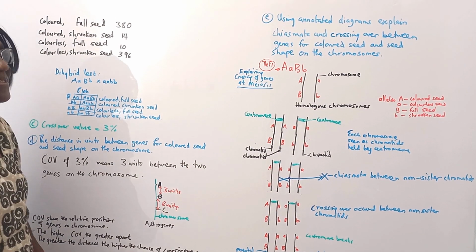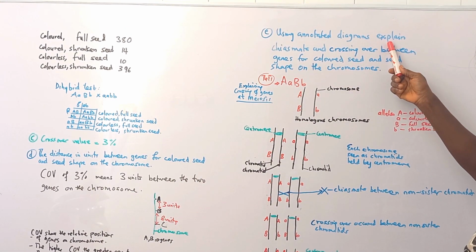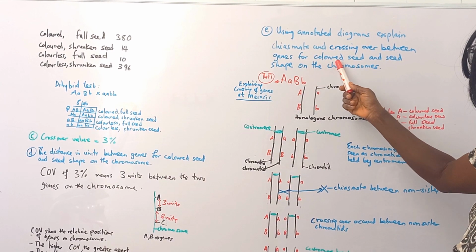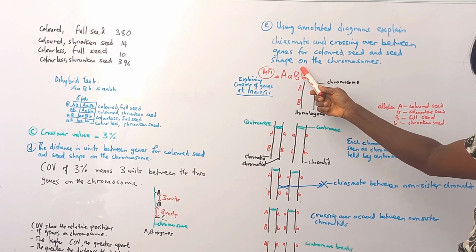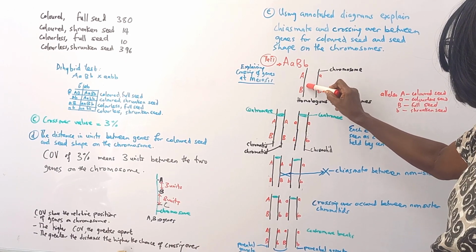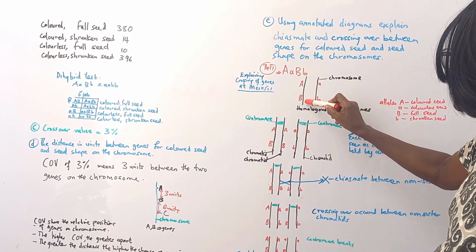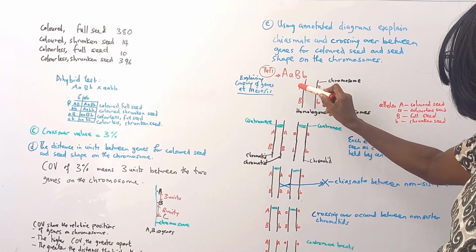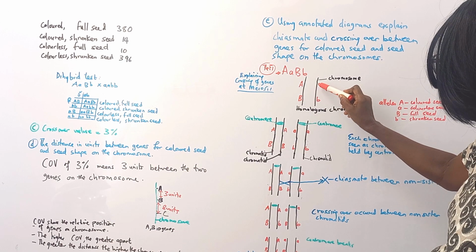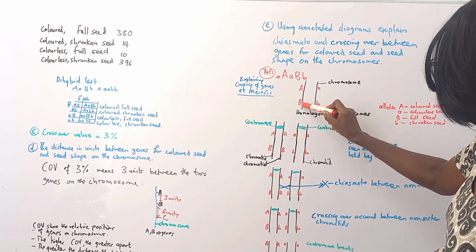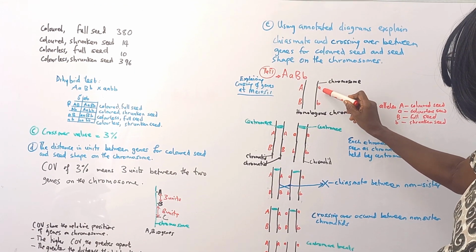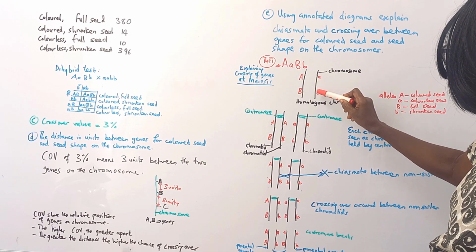Now the last question: using annotated diagrams, explain chiasmata and crossing over between genes for colored seed and seed shape on the chromosomes. We have ascertained that colored seed and seed shape are linked. They are on the same chromosome. So this individual has this chromosome with this gene and here this gene, one for color and one for shape of the seed, and its homologue has small a and small b.